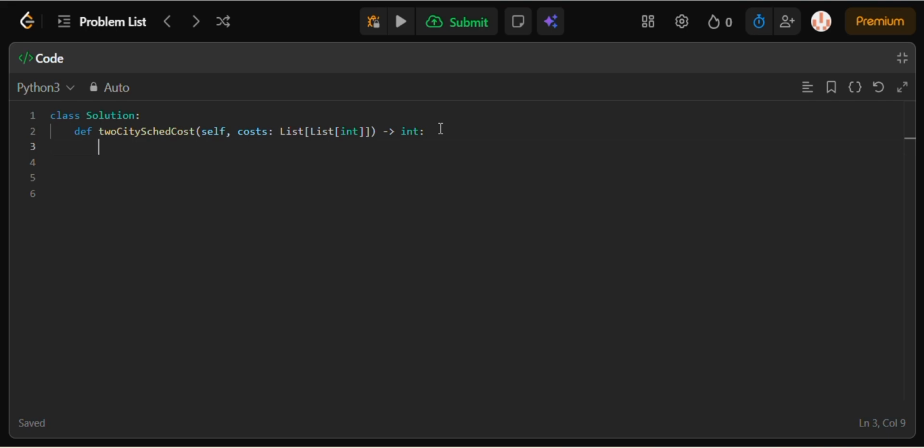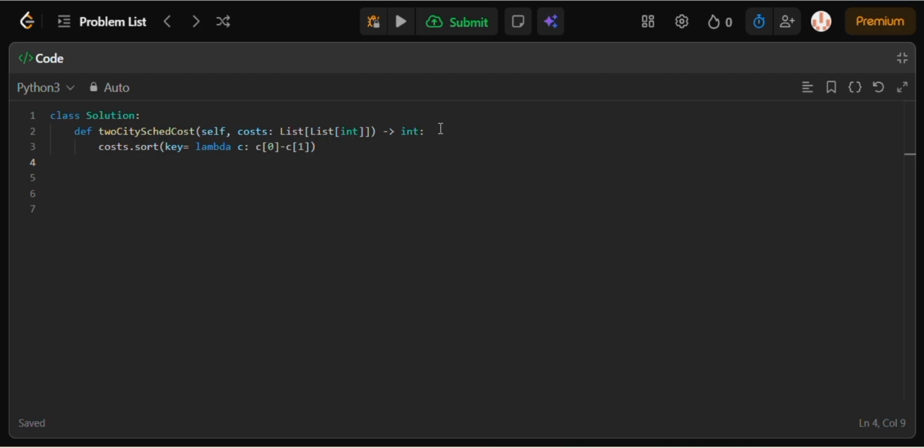So it's simple. As we said, firstly, we sort it, using a lambda function: costs.sort(key=lambda c: c[0] - c[1]).